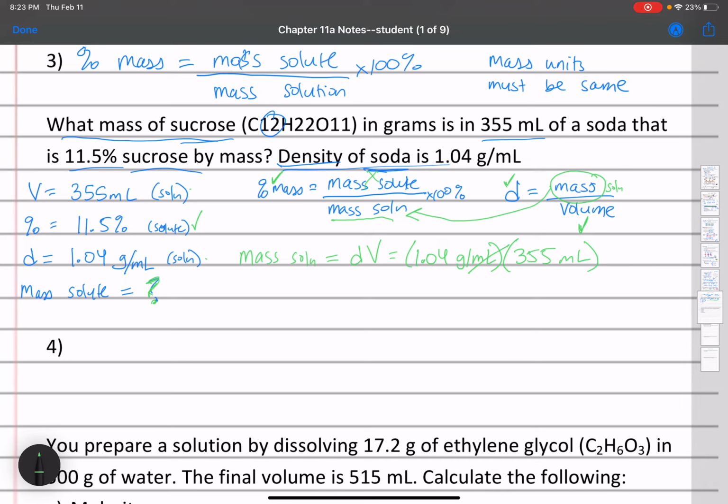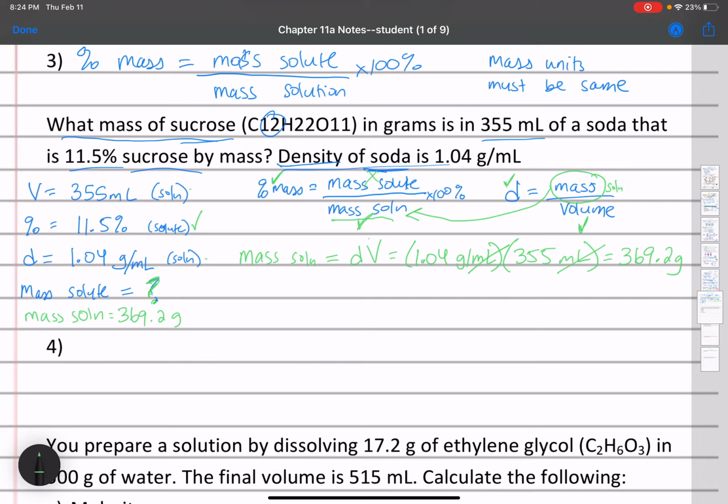My units of milliliters match and therefore cancel out. And so the mass of the solution is 369.2 grams. Now I know the mass of the solution. I might even write it down over here. Mass of the solution is 369.2 grams.